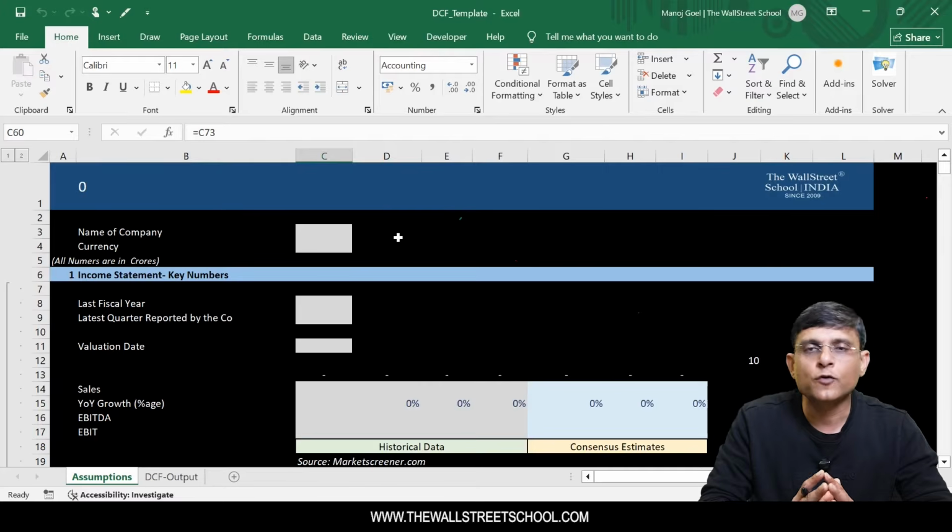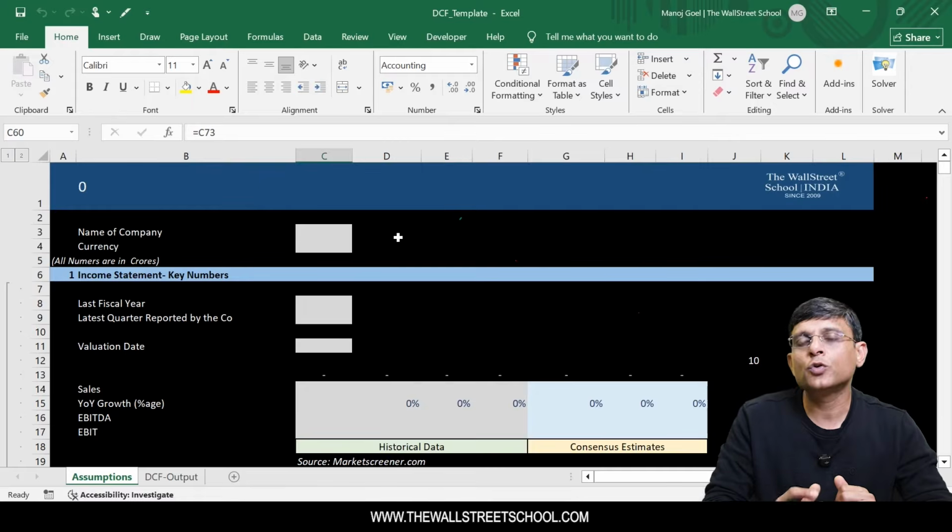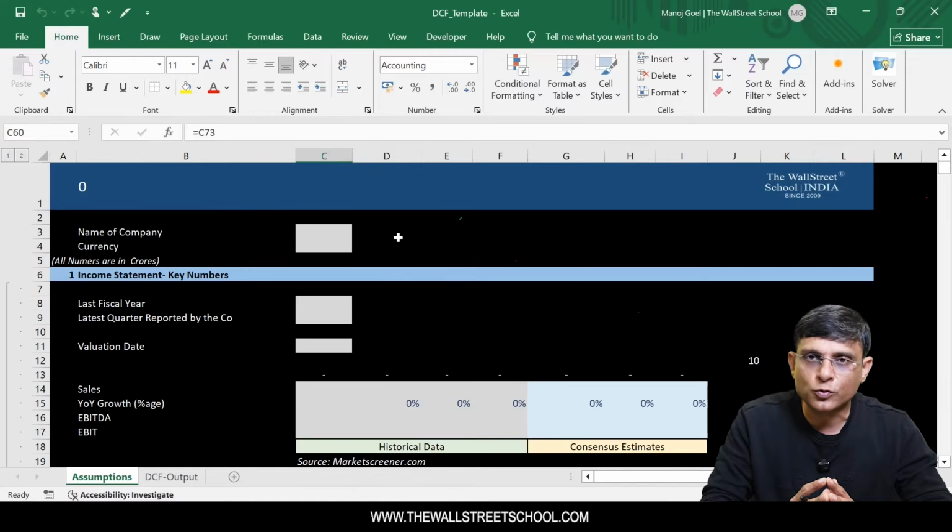So we'll source estimates directly from Market Screener. In case you want to do your own estimation, you are free to do that. You have to provide your input in the estimate cells. But before we jump to a real company's valuation, let's quickly understand the flow of this template.